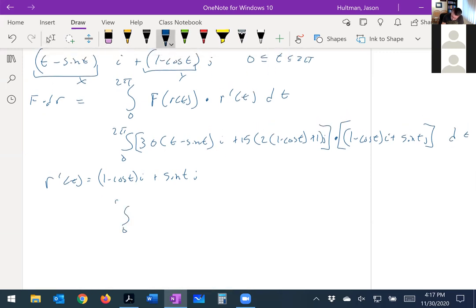This is going to be the integral from 0 to 2 pi of 30 times t minus sine t, times 1 minus cosine t, plus 15, maybe I'll distribute the 15, I don't know. Let's see. I'll just do 15 sine t times 2. I could distribute the 2 as well, but whatever. 2 times 1 minus cosine t, plus 1. There's a parenthesis there.